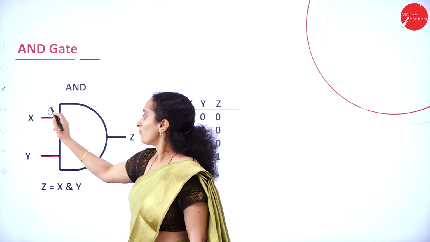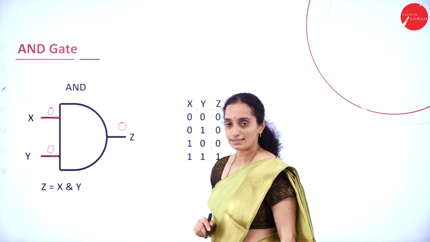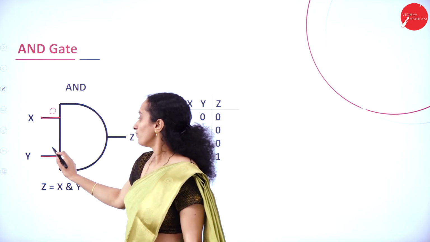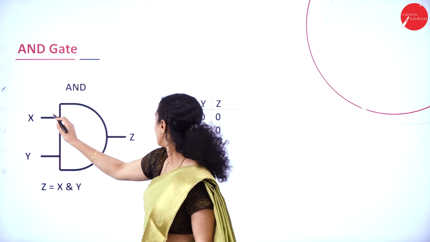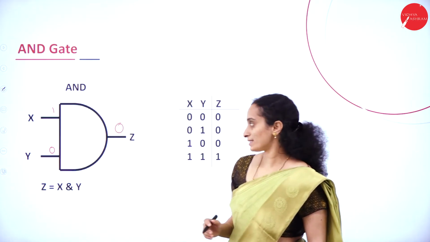If both are 0, x into y, you will get the output as 0. If the input x is 0 and y is 1, the output will be 0. If it is 1, 0, then also the result is 0. 1 into 0 is 0, isn't it?